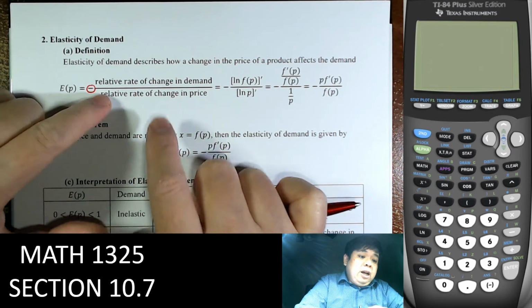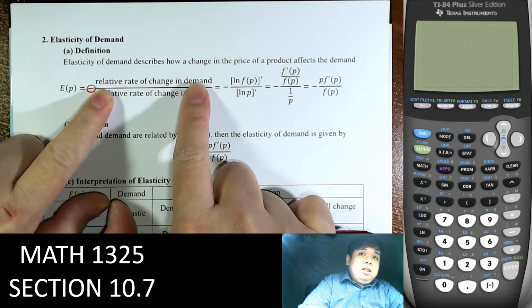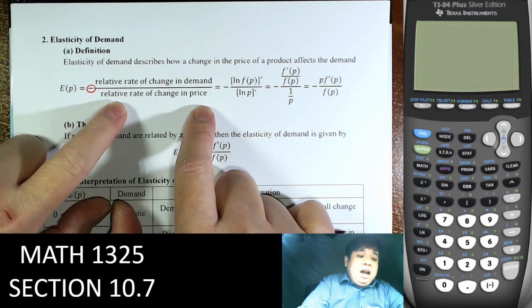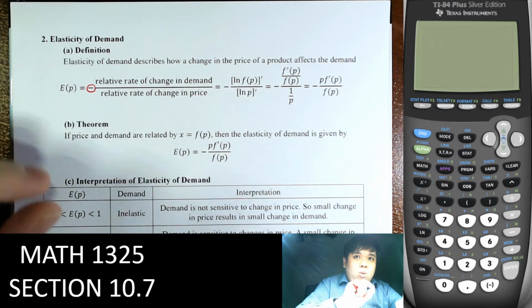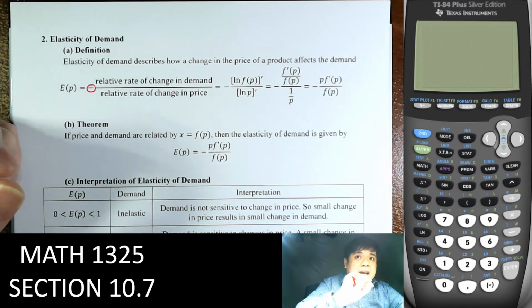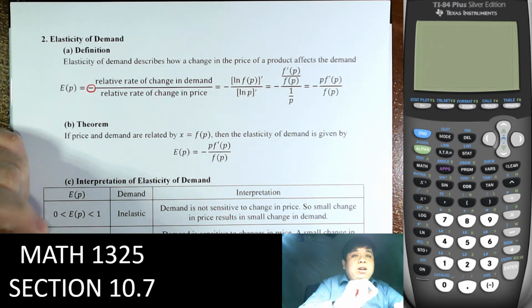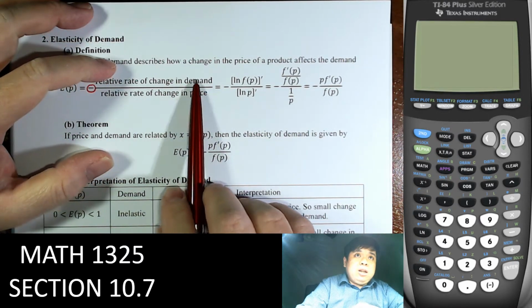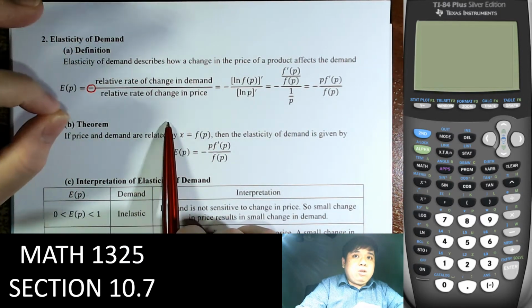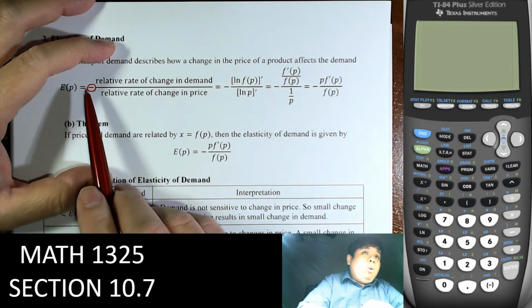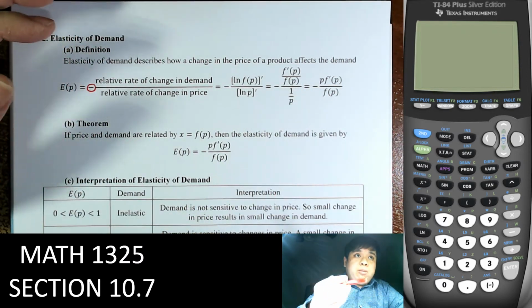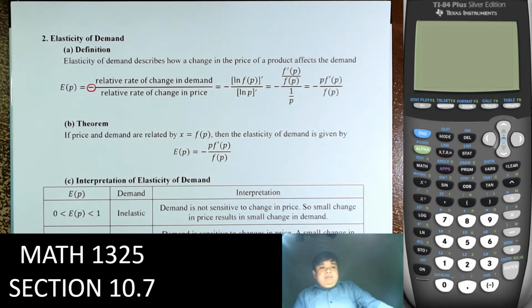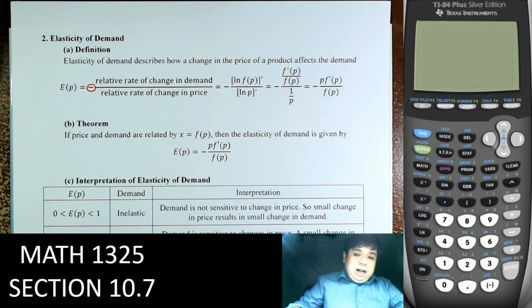So if the price increases, the demand decreases, and if the price decreases, the demand increases. So one is increasing, one is decreasing; an increasing function has a positive derivative, a decreasing one has a negative derivative. So we throw in an extra negative here to ensure that the elasticity is going to be a positive number, right? So I think that's important.